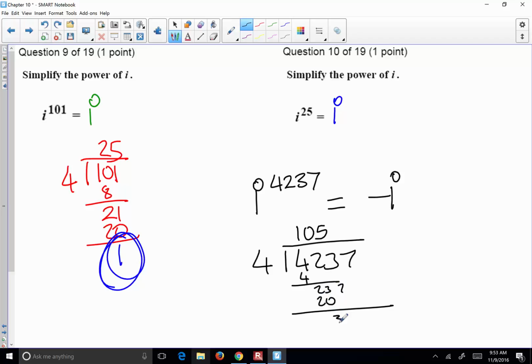It's just i again. 4 goes into this. Yeah, it's i again. I kept getting the same thing. Alright. Okay. This doesn't count.